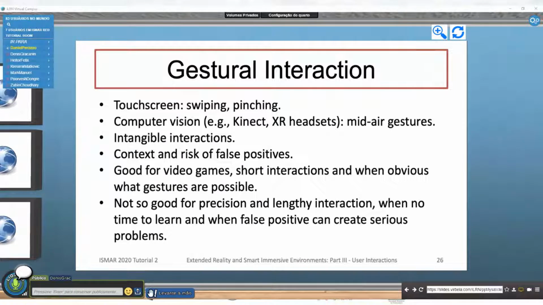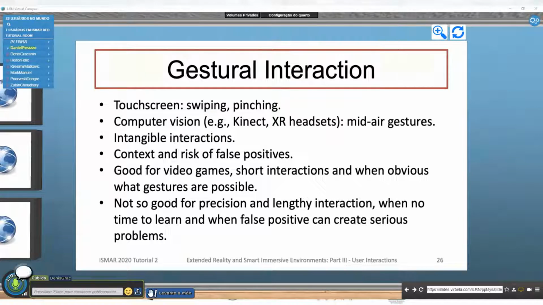It is not good for precision and lengthy interaction. What comes to mind are movies such as Minority Report, where they have very sophisticated and very interesting gesture interaction. However, the problem is that if you need to do it for an extended period of time, it can be tiring, keeping your arms in the air all the time.